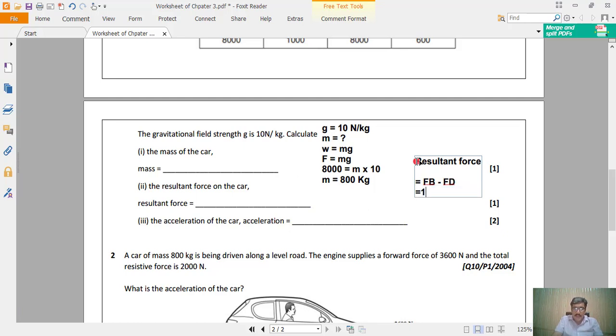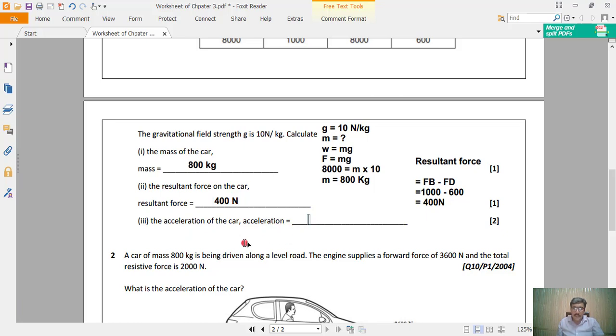FB is given, that is 1000 minus 600, and you will get resultant force, that is 400 Newton. So here we have first calculated mass, that was 800 kilogram, and then we have calculated resultant force, that is 400 Newton. And in the next part, the acceleration of the car we have to calculate.